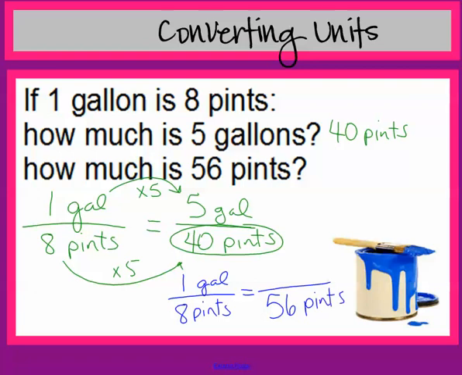And we're looking at how do we get from 8 to 56? Well, we know that that's 8 times 7. So we'll multiply 1 gallon times 7, and that tells us that 56 pints would be the equivalent of 7 gallons.